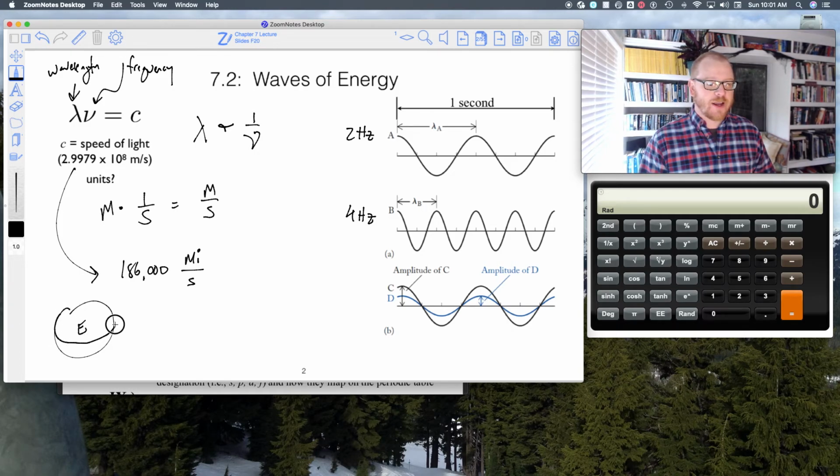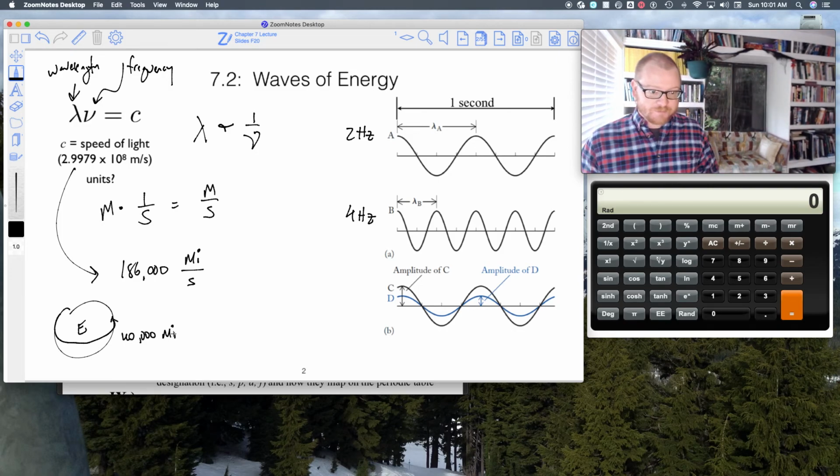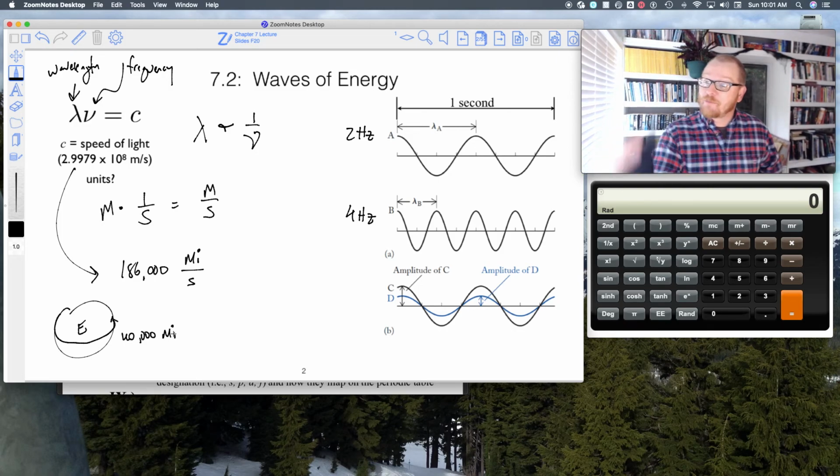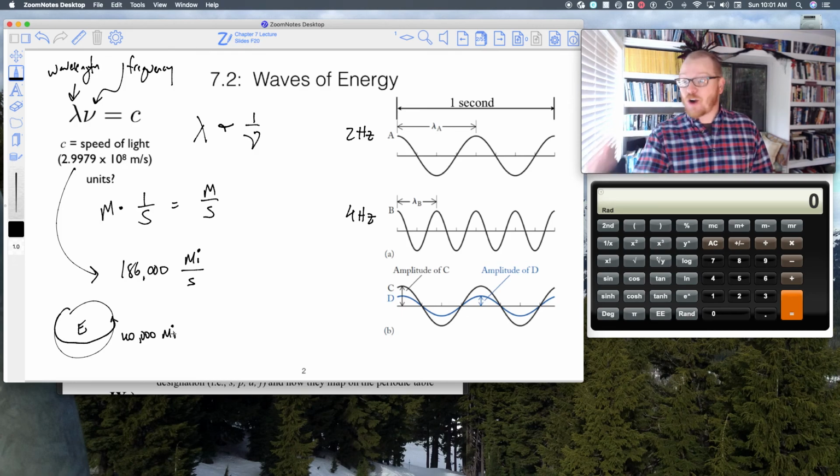And circumference right at the equator is roughly 40,000 miles, okay? So light traveling at the speed of light could make it around the planet over 4 times in 1 second. So it's crazy fast, okay? We're going to do some calculations with this formula soon.